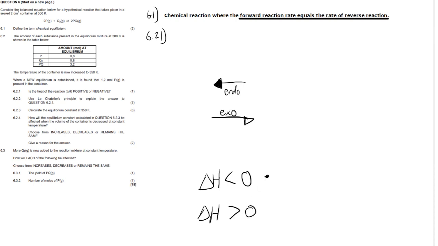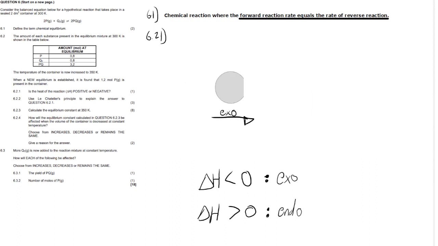If the enthalpy goes from higher to lower in a reaction, that means that energy was lost. Enthalpy started high and went down. So the change in enthalpy was negative. This is a negative change in enthalpy, but this is an exothermic reaction. So this is exothermic, this is endothermic.